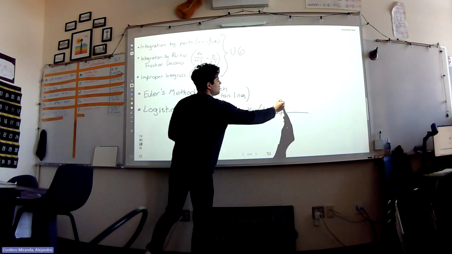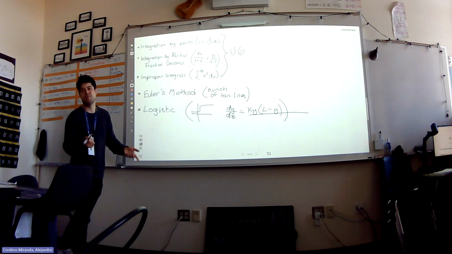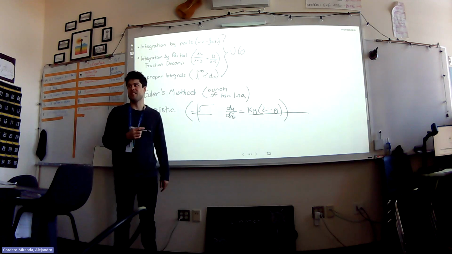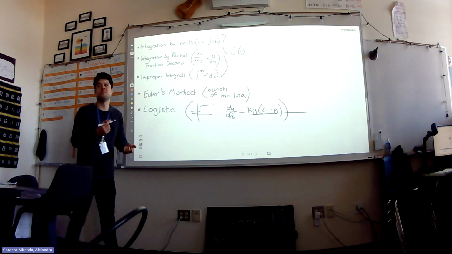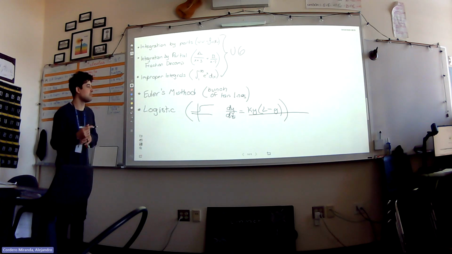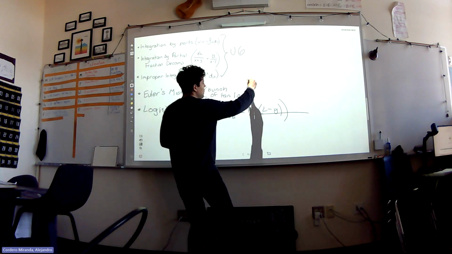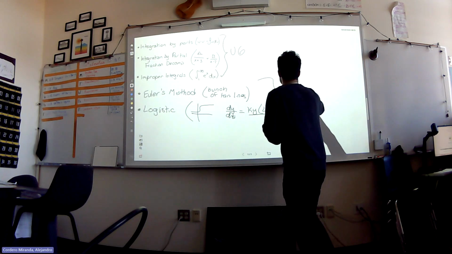If you don't remember that, go back and review it. The questions they normally ask on the AP test are like, which one of these is logistic? And you just have to look for this key thing. They're not super hard, but it's 3 points if you remember it. That's unit 7.